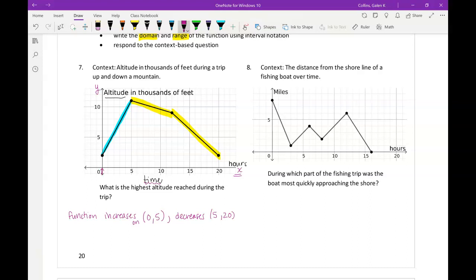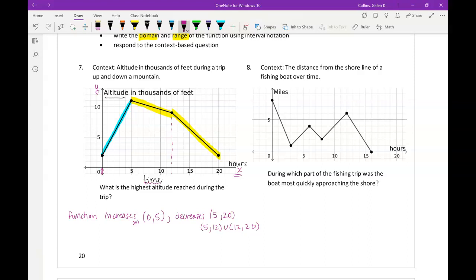Now, sometimes I'll have students break it up and say, well, we're decreasing from 5 over here to 12, and then again from 12 to 20. And if you did that, it would look kind of like this. And this symbol that looks like a U is a union symbol.